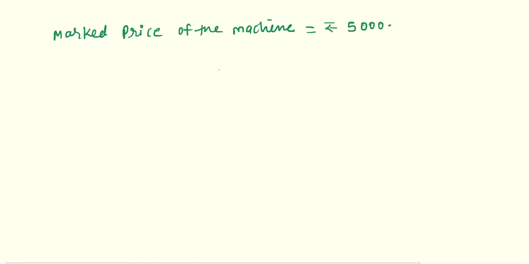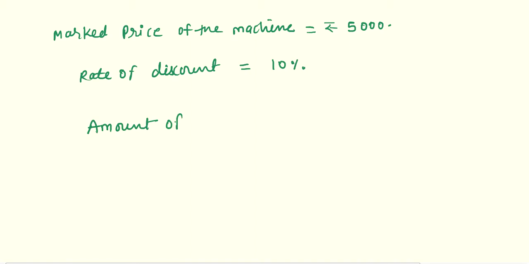Find the selling price of the machine. First write the marked price of the machine, which is rupees 5000. The rate of discount given is 10%. First we calculate the amount of discount.